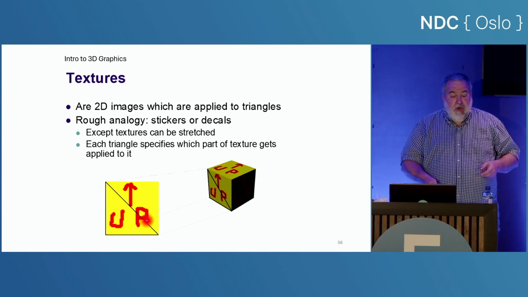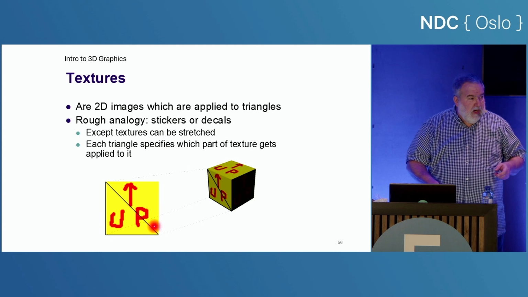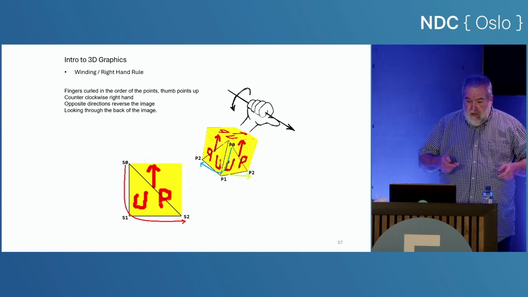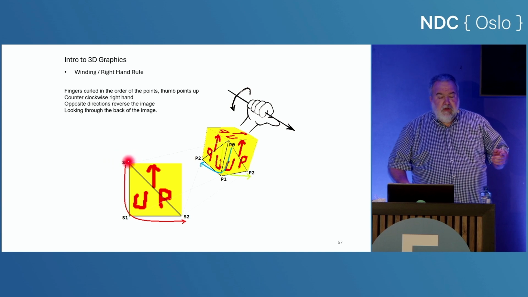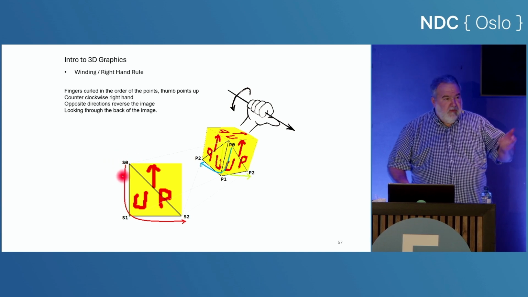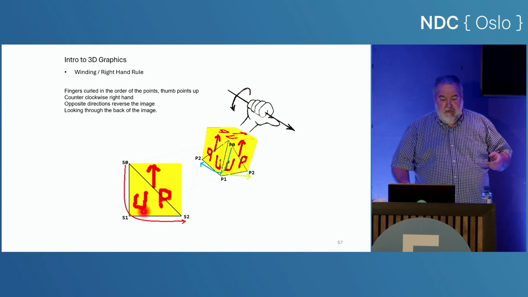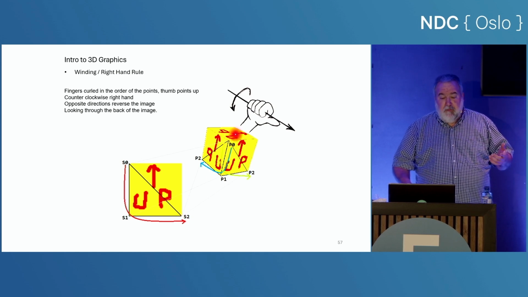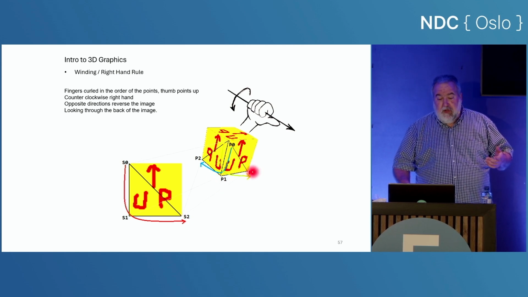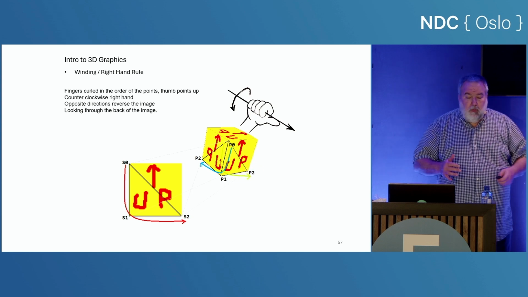However, we don't stretch this triangle. We know that each of these points in the triangle has a surface, and I call these surface 0, surface 1, surface 2, those map to what the points were on the cube of 0.1, 0.0, 0.1, 0.2. But there's a rule for this.